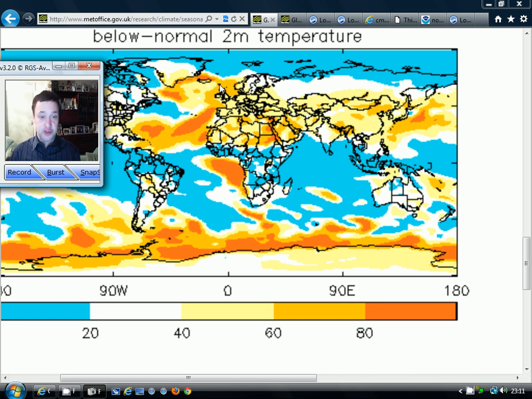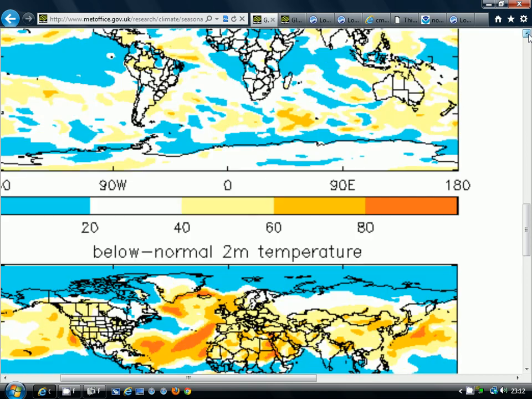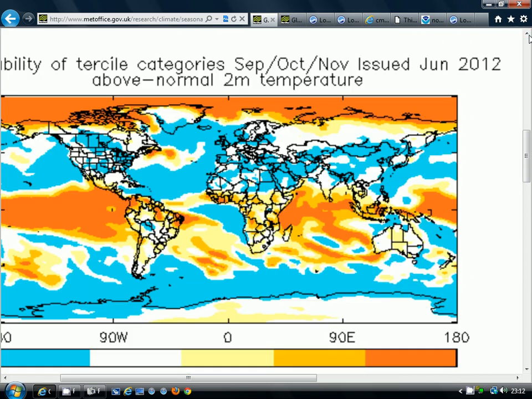Now, that's not to say the autumn will be cooler than average, it's just to say that the model thinks that the probability of the autumn being cooler than average is quite high. There is still a possibility or probability of above normal temperatures this autumn, but the probability of that is just 20%, so that's the blue colours here showing above normal probability.